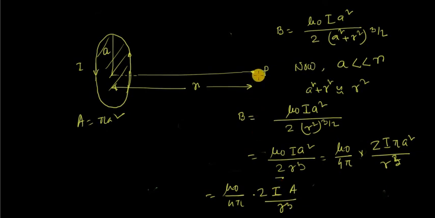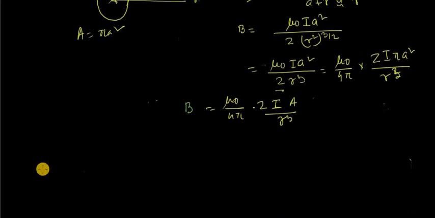And our magnetic field is directed away from the center for this direction of the current. That means if an observer is sitting over here and looks at the coil, he observes that the current is rotating in the anti-clockwise direction. So for anti-clockwise current, the magnetic field is outward, and that is given by mu 0 by 4 pi 2IA by r cube.